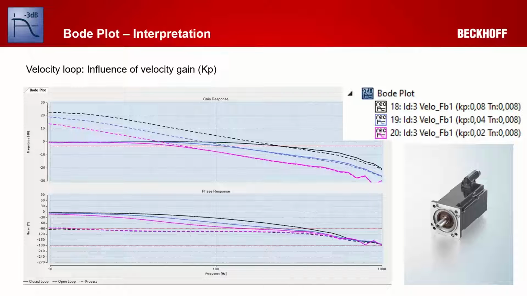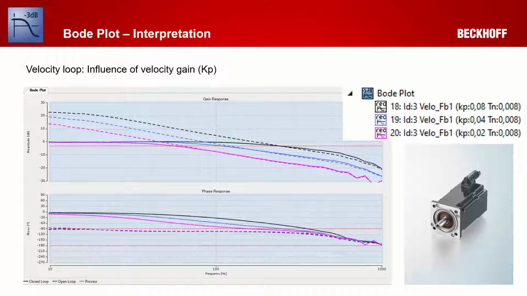Then there is this blue curve. What's the difference to the magenta curve? I have increased the velocity gain factor, so the Kp is doubled. And therefore, the motor is reacting better. The closed loop stays on the 0 dB line for a longer time, or for higher frequencies.